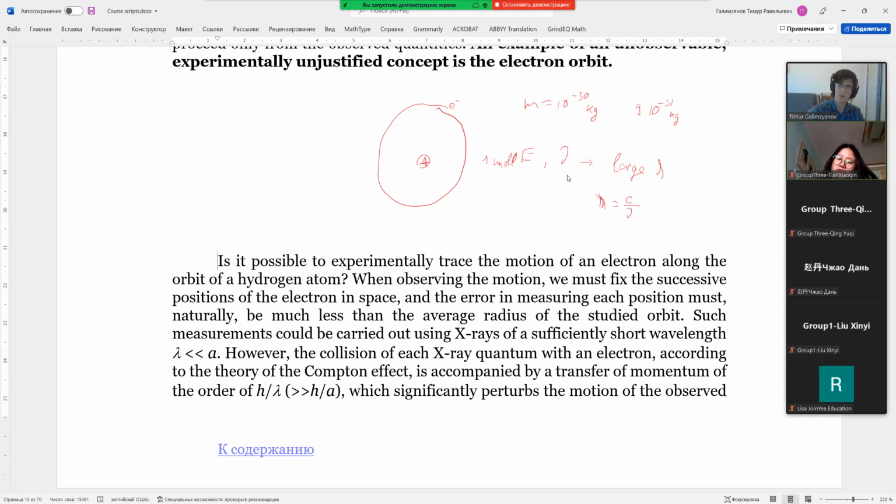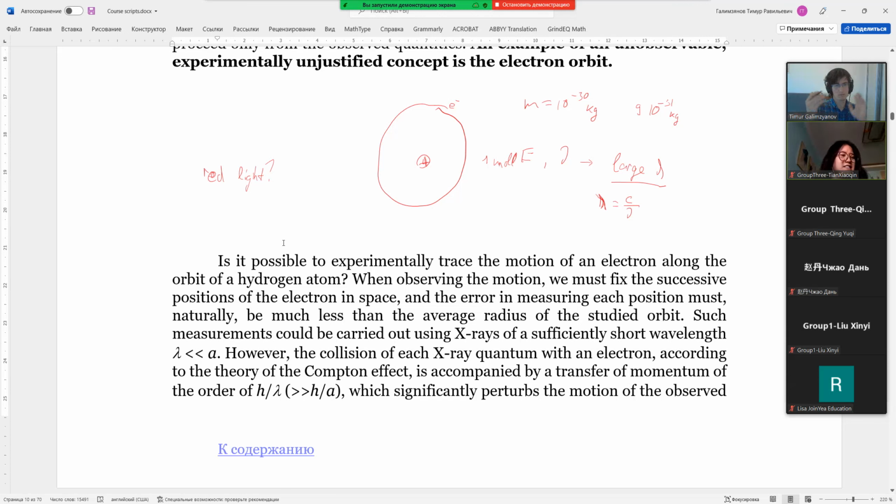I'm sorry for my drawings. But what does the large wavelength mean? From the optics, do you know what is the wavelength of the optical light? I'd say red light. What is the wavelength of the red light? Does somebody know?